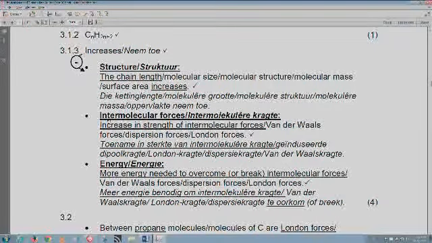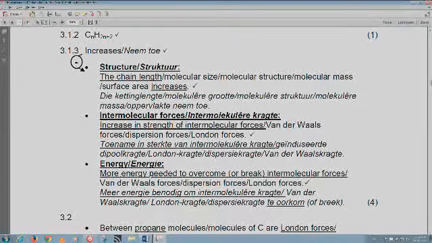Then for the second mark of the reason, the learner must explain according to intermolecular forces. Then increase in strength of intermolecular forces, it's 1 mark, or there is an increase in strength of van der Waals forces, 1 mark, or there is an increase in strength of London forces, it's 1 mark. And then the last mark there, they explain according to the energy.